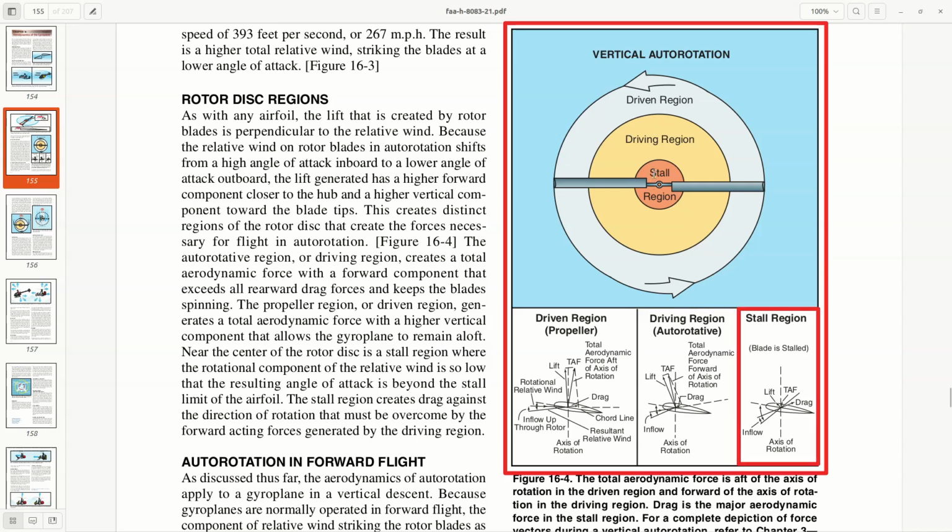And then finally, we get to the center region. The center region is the stalled region. It's just not moving fast enough. It doesn't have enough air moving over it to really do anything. It's just kind of there, keeping this rotor together. You'll notice in this picture, they have a really thin region in the middle, which is kind of typical.